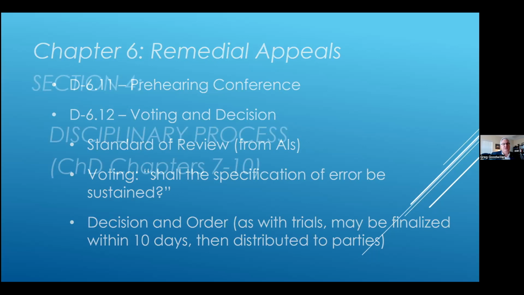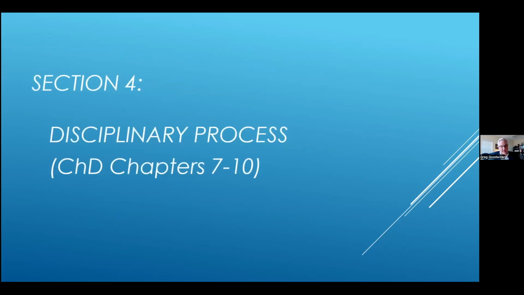As with trials, and then it is distributed and we're done. So that completes our discussion of remedial process.